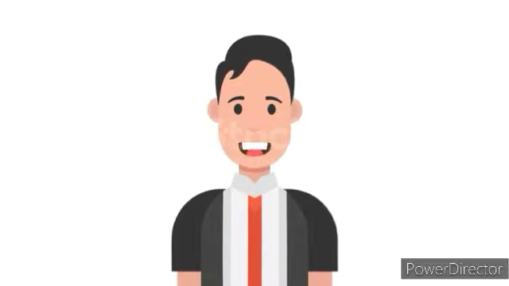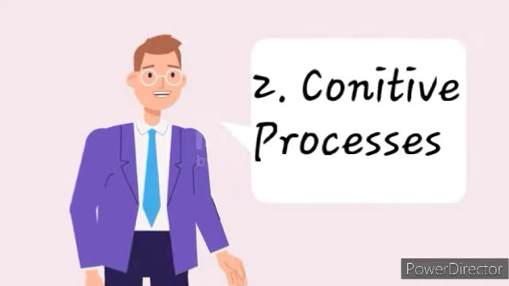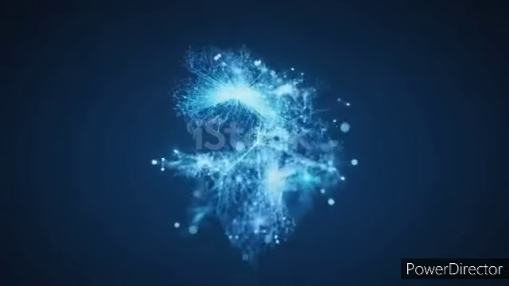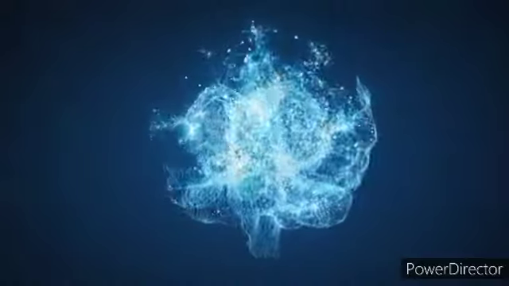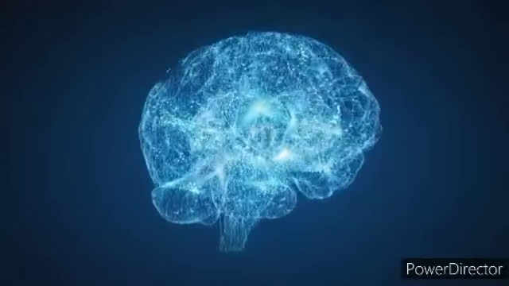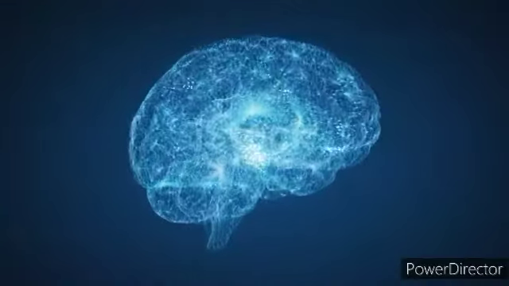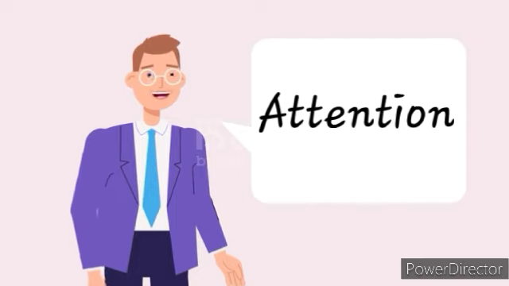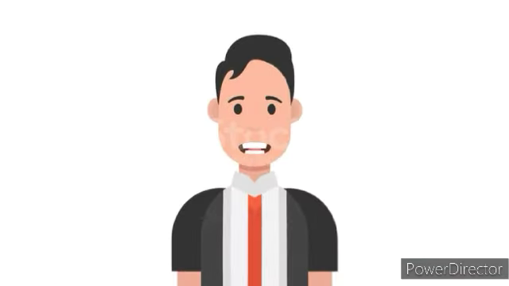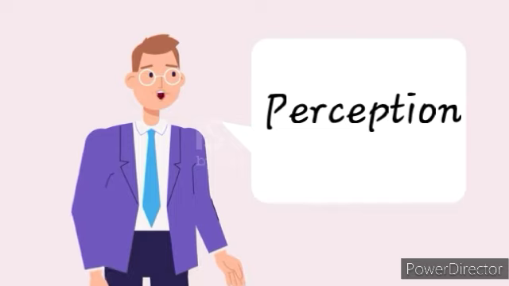The second element of information processing, cognitive processes. It refers to mental activities that help in transferring information from one memory to another, such as attention. It is the power of focus on selective information. Efficient learning depends on the selective ability of the learner. Perception.